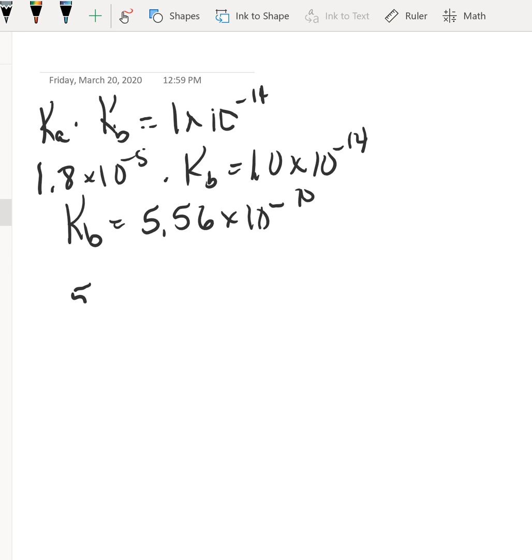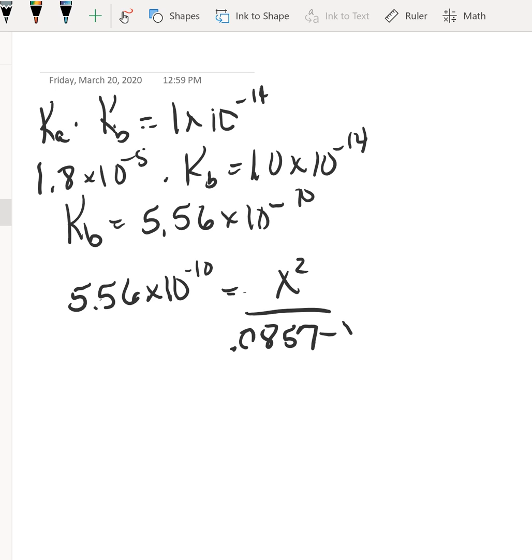Okay, so then KB is equal to x squared over 0.0857 minus x.